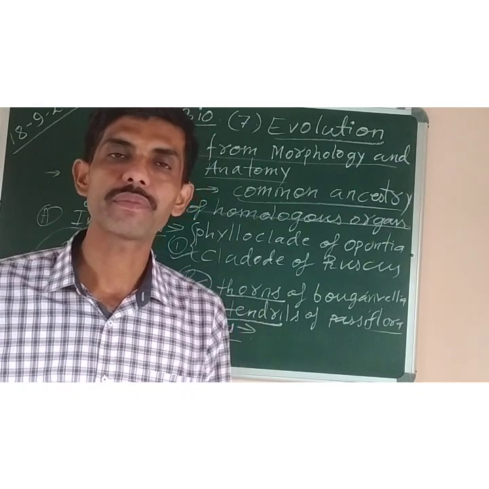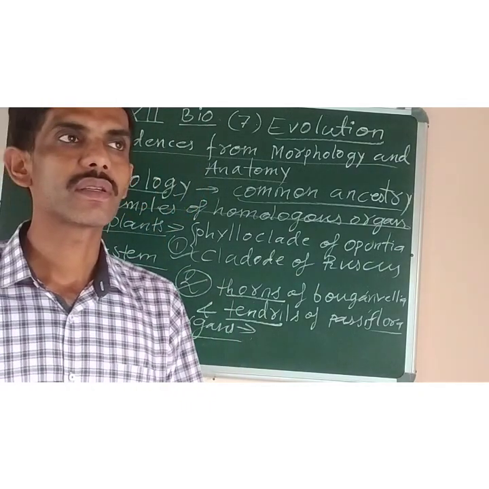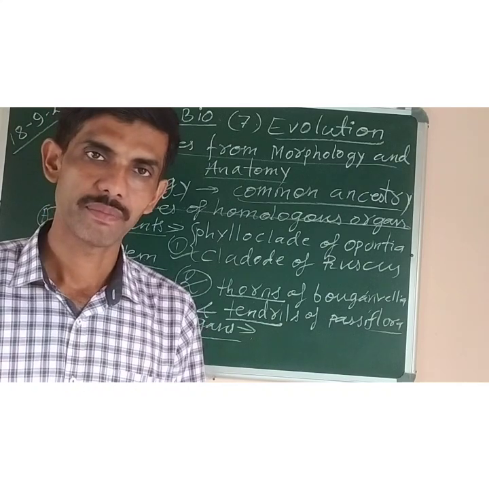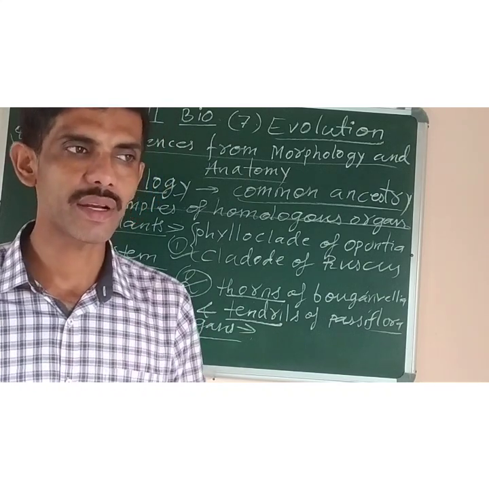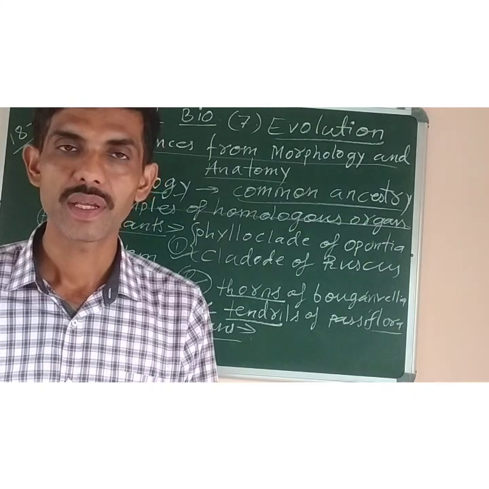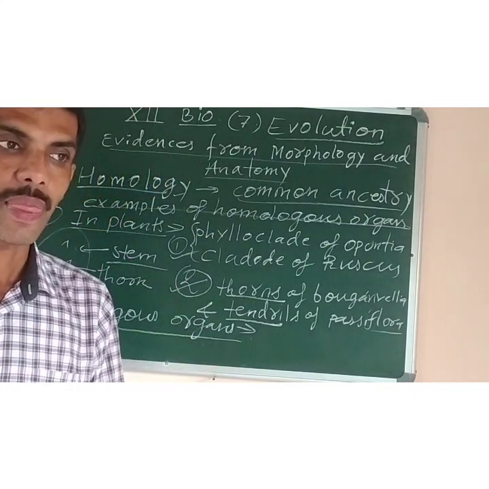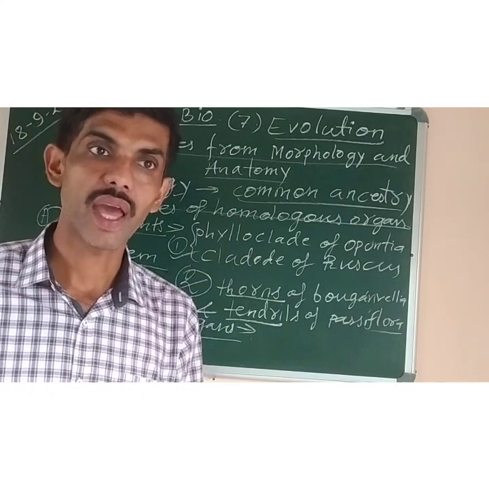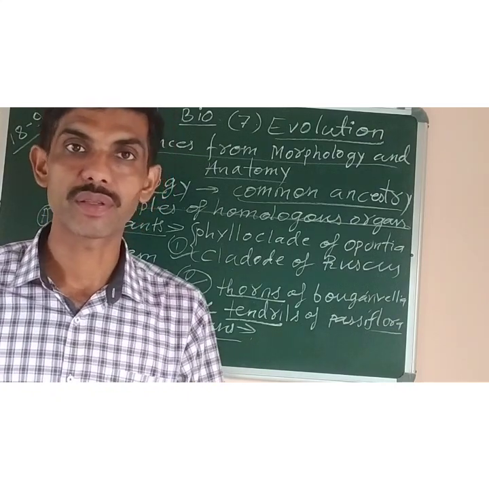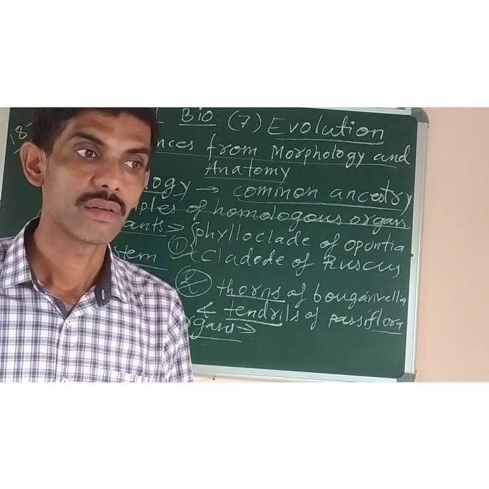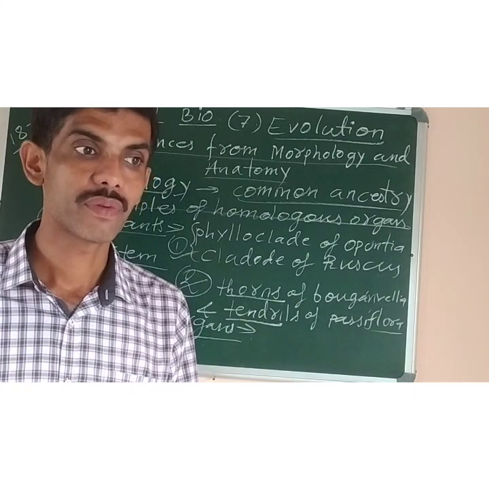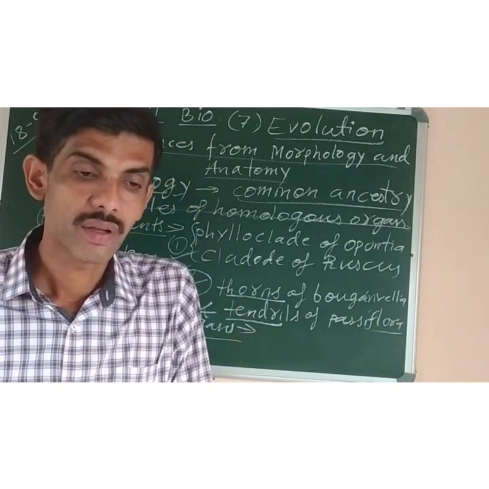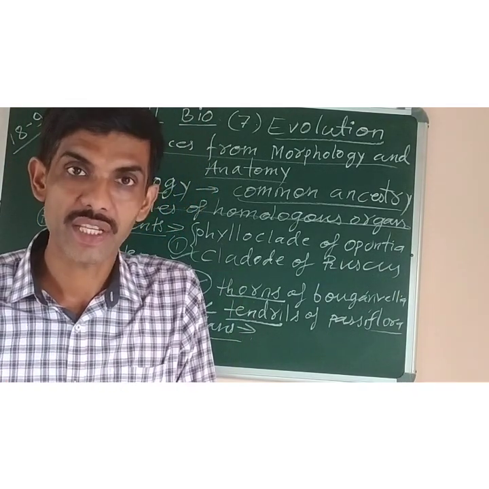What is atavism? Atavism means sudden appearance of ancestral characters in an organism. Like all of a sudden, in any generation, even today it may be possible that in the news you get that a particular child is born with a tail and all the people go to worship, because they think he is the reincarnation of Hanumanji, that Hanumanji is born.